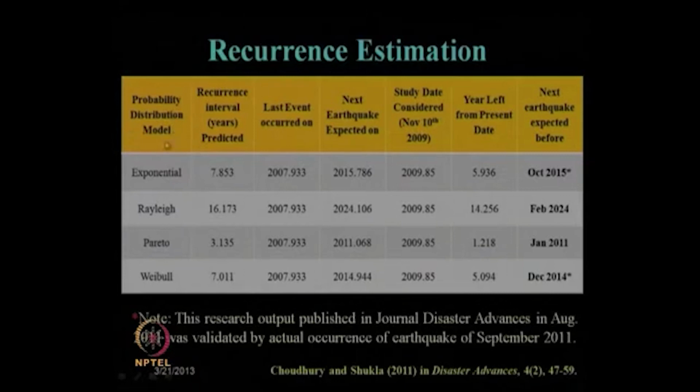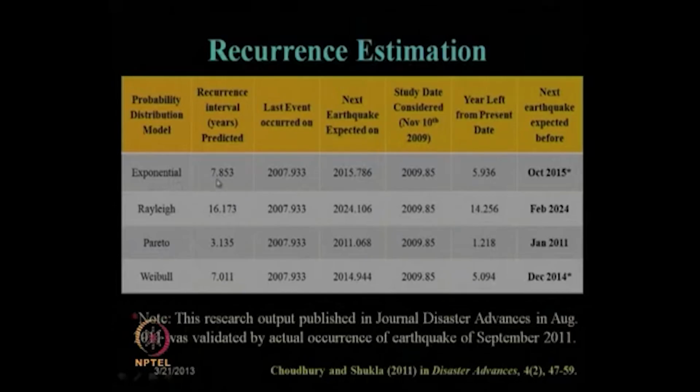If you use these 4 different probability distribution models, exponential model, Rayleigh model, Pareto model and Weibull distribution model, you can predict the recurrence interval. After extrapolating, you can calculate from your equations the next recurrence interval as per the exponential model.